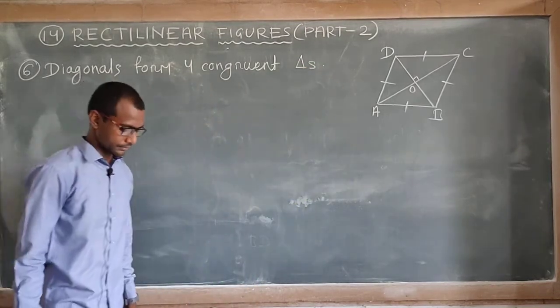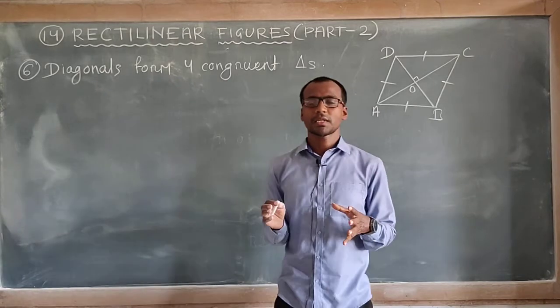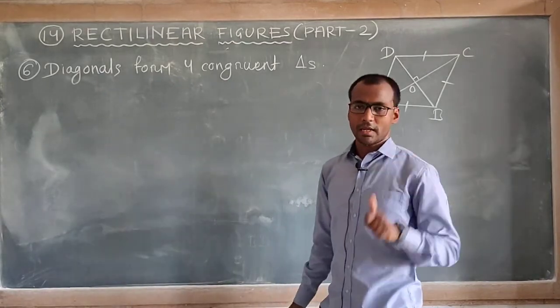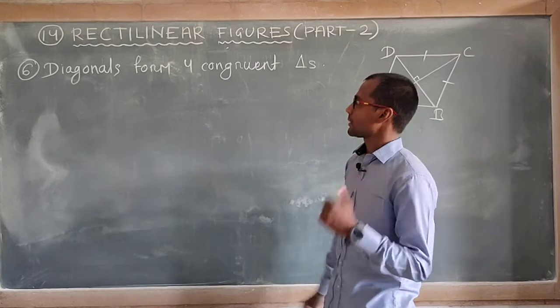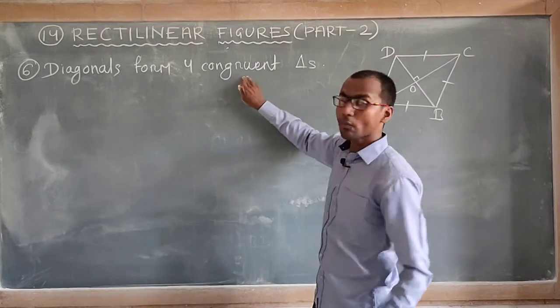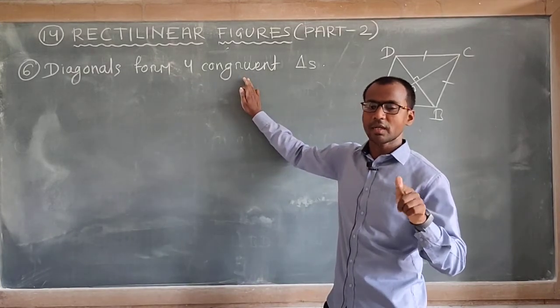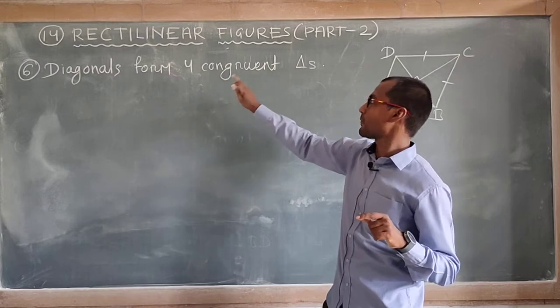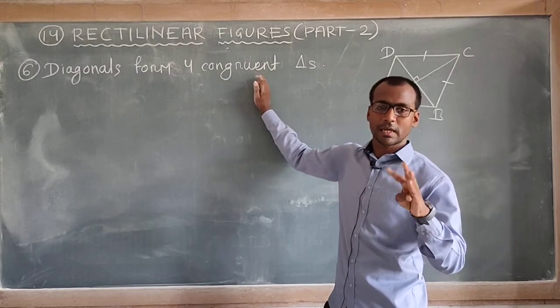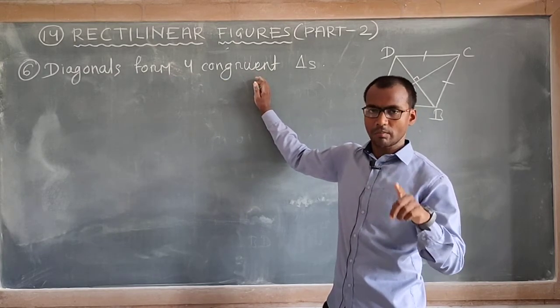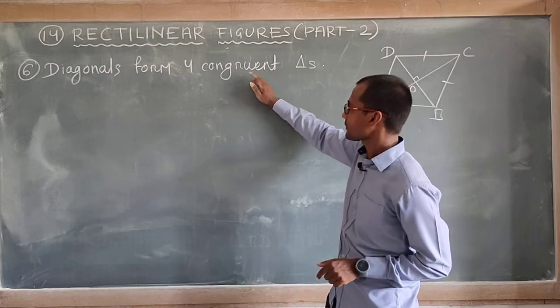Okay. A similar property was in case of a parallelogram and a rectangle. The property mentioned diagonals form 4 equal triangles. You might recollect this. Diagonals form 4 equal triangles in case of a rectangle and in case of a parallelogram. We have written this, you can check.